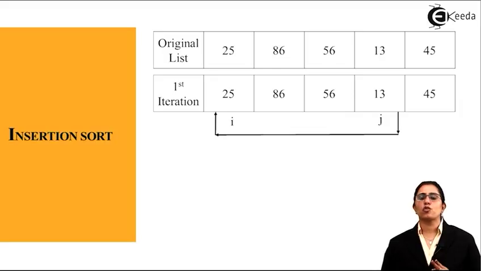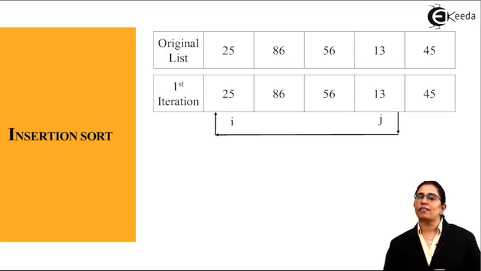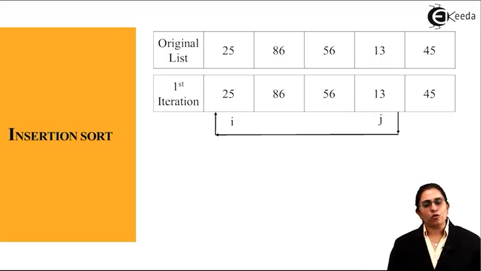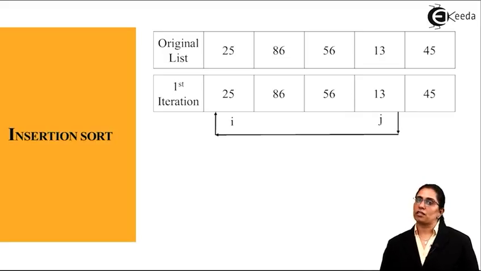My j reaches the location of 56. Now again 25 is compared with 56. But again we come to the same conclusion that 25 is not greater than 56. So there is no exchange that takes place. So j is incremented by 1 and j reaches the location of 13.